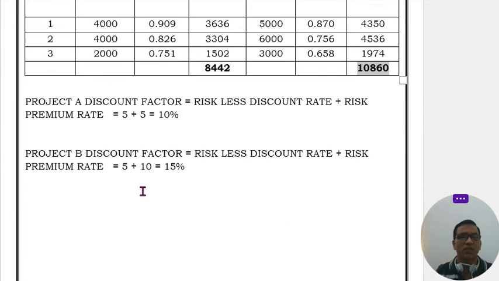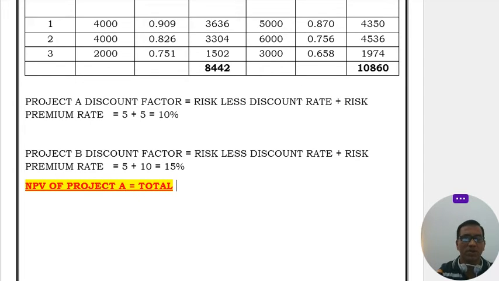And how will we calculate NPV? NPV of project A is equal to, as we already calculated many times, the formula: total PV of CFAT minus cash outflow. Cash outflow, cost of the project, whatever you want you can write, nothing will happen, same.